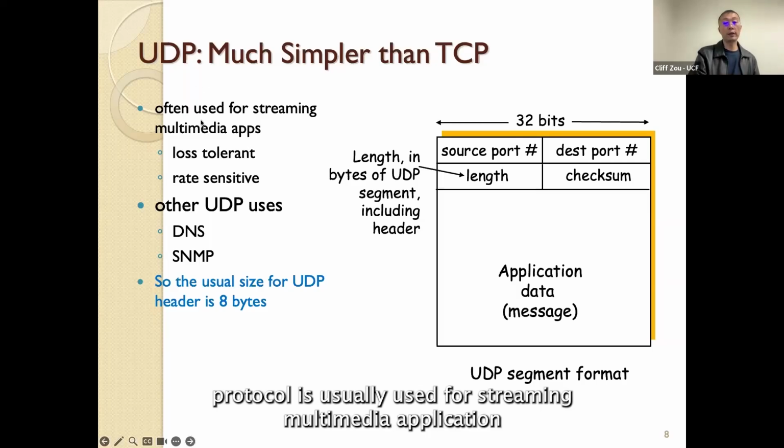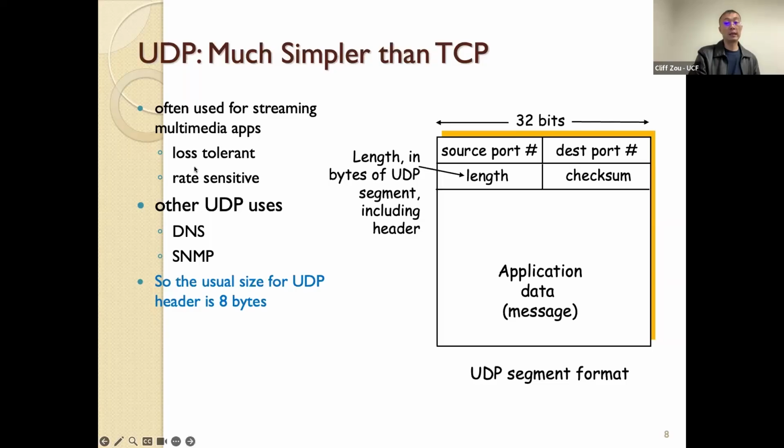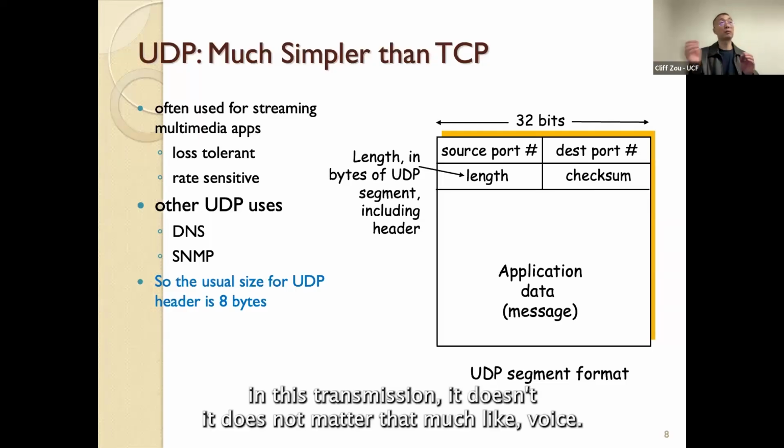So the UDP protocol is usually used for streaming multimedia applications, because multimedia applications have this requirement: they tolerate loss. If you transmit voice or video, and there is one packet loss in the transmission, it does not matter that much.